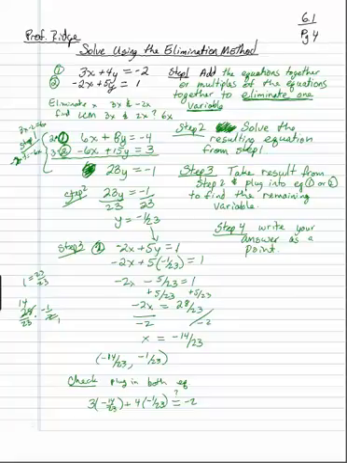Now what I do, it's not hard to check fractions. Just the top is multiply, the bottom is divide. So with a calculator, I would go 3 times -14 divided by 23 plus 4 times -1 divided by 23, hit equals, and the screen says -2, so -2 equals -2.